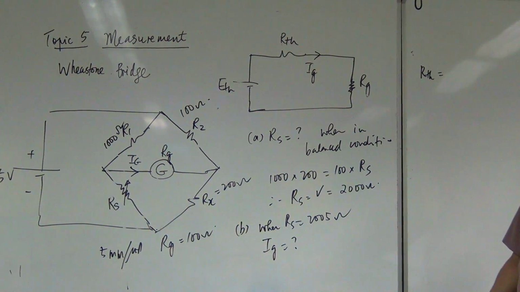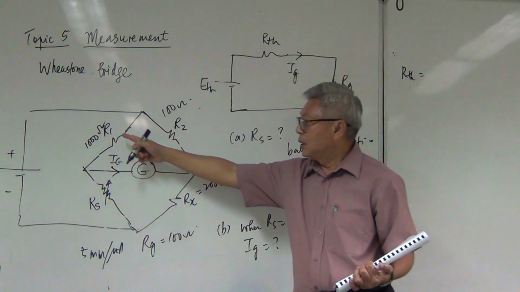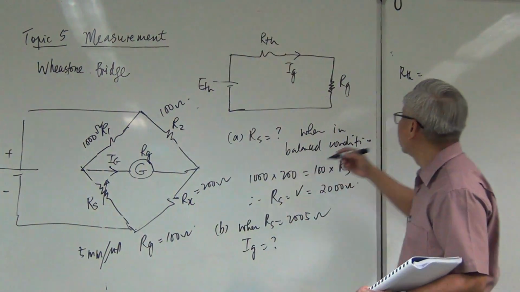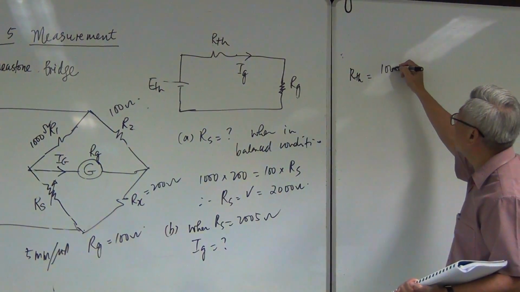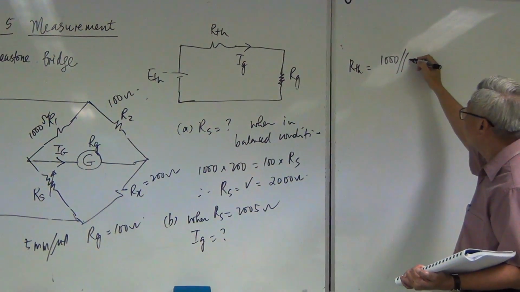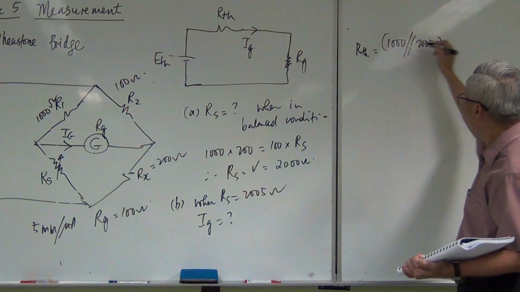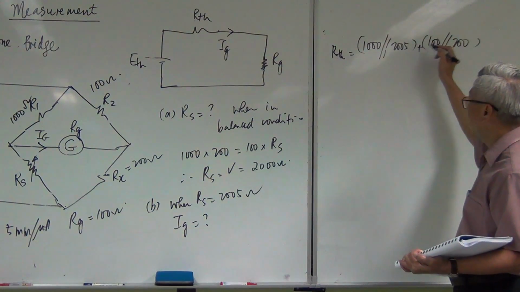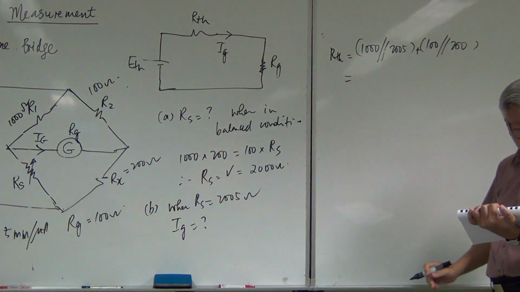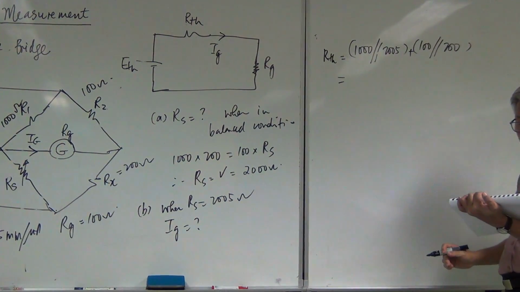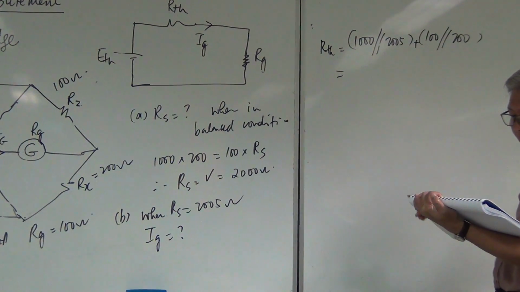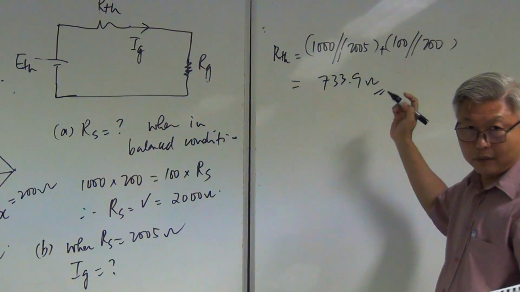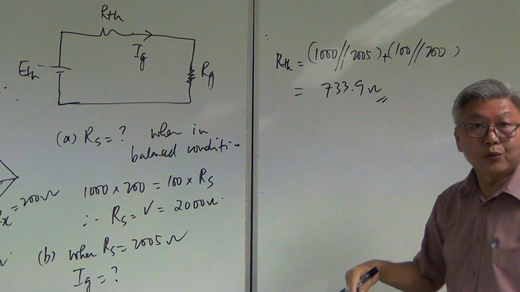How do we get RTH? If you recall, these two parallel plus these two parallel. So RTH is equal to 1000 parallel with 2005 plus 100 parallel with 200. With that you get 733.9 ohm. Of course, I'm referring to the notes.